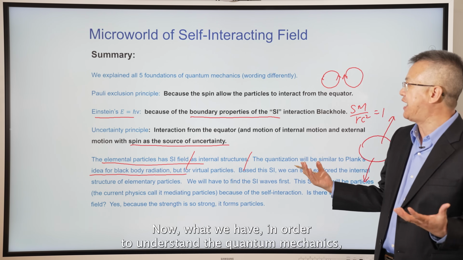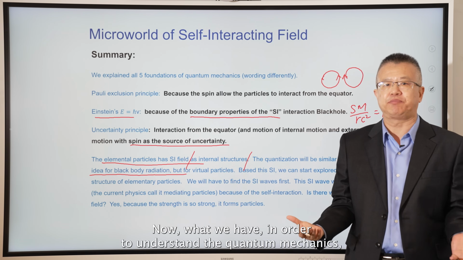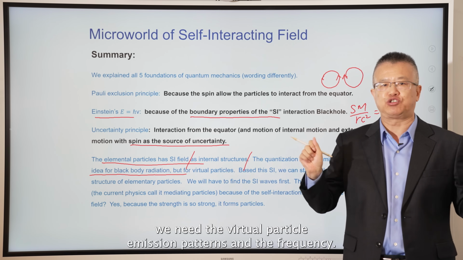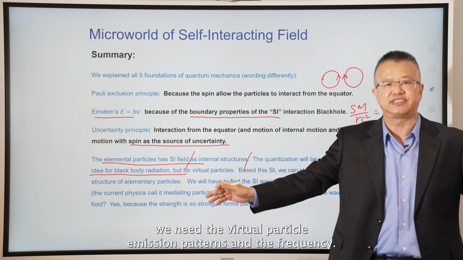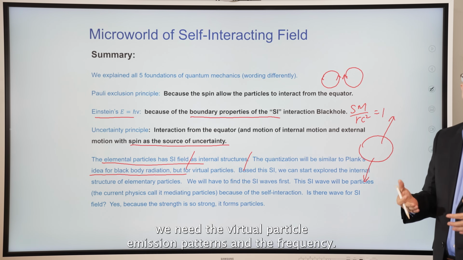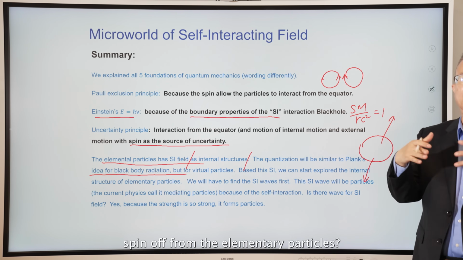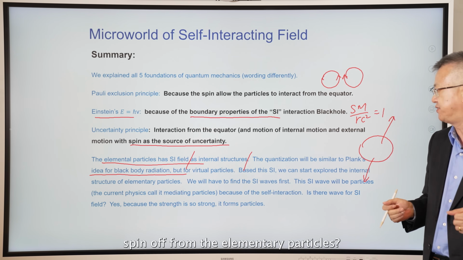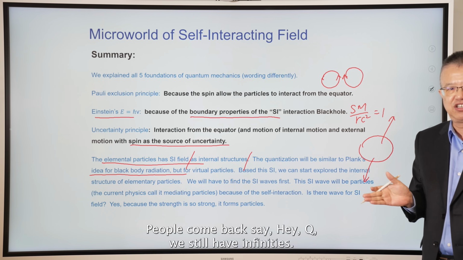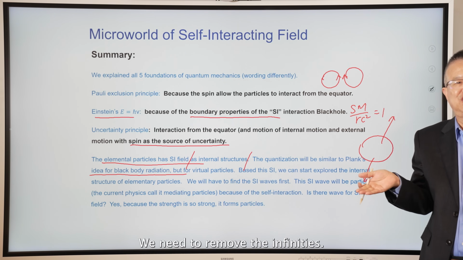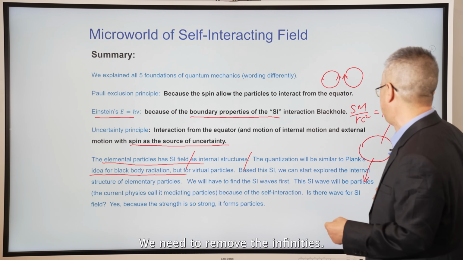Now, in order to understand quantum mechanics, we need the virtual particle emission patterns and the frequency, how much energy is spun off from the elemental particles. People come back and say, hey, we still have infinities. We need to remove the infinities. Okay?